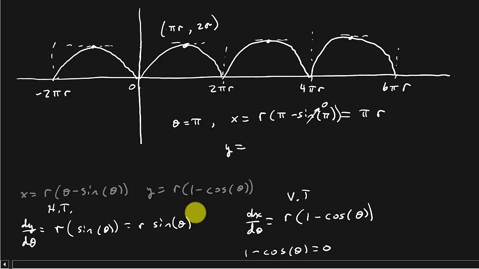And then your y coordinate, plug pi into here. That would be r times 1 minus cosine pi, which is r times 1 minus, what's cosine of pi? Negative 1. And so that would just give us 1 plus 1 is 2, 2r. Okay, and that's how all of these would be.